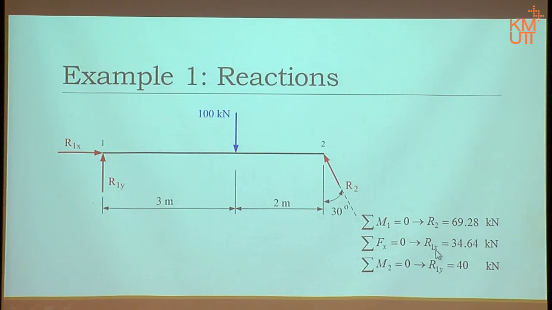Do I need R1x, do I need R1y or not? If my target is to find internal forces at A and at B, do I need R1x and R1y or not? In fact, I don't.